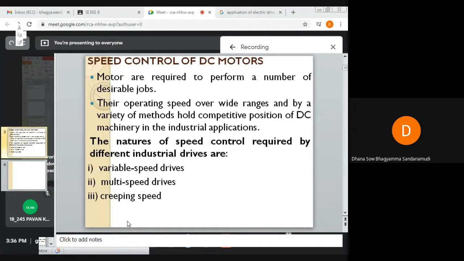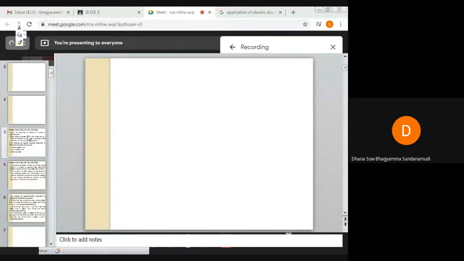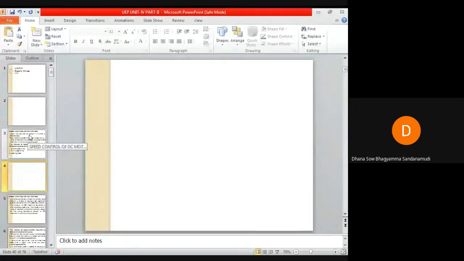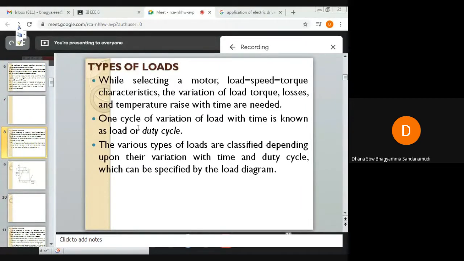So let us go for the next topic, that is types of loads. Whenever we are selecting a motor, we must know its characteristics, isn't it?